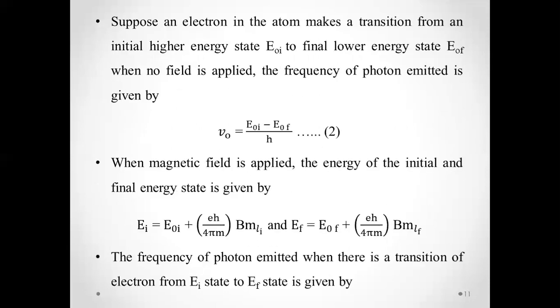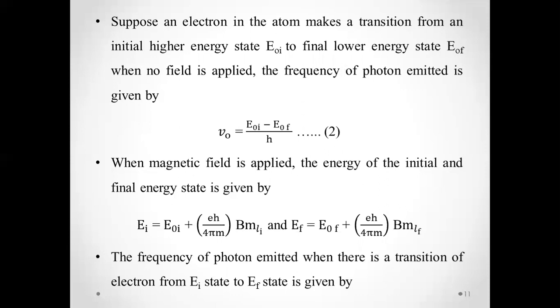Suppose an electron in the atom makes a transition from an initial higher energy state E0I to a final lower energy state E0F.